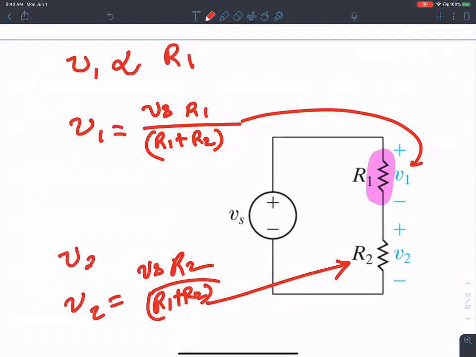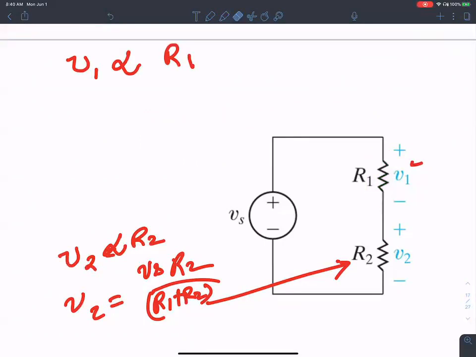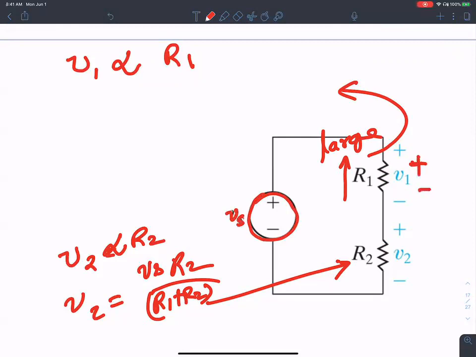The voltage dropped across R2, V2, is proportional to R2. That is the idea of voltage division that you want to understand. If this resistance is large, a large percentage of the voltage source is dropped across here.